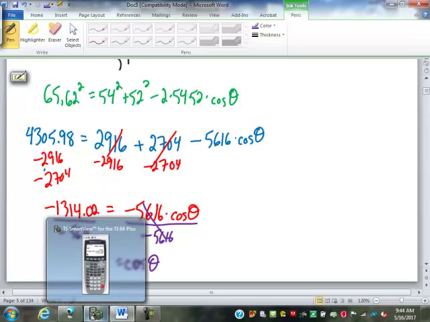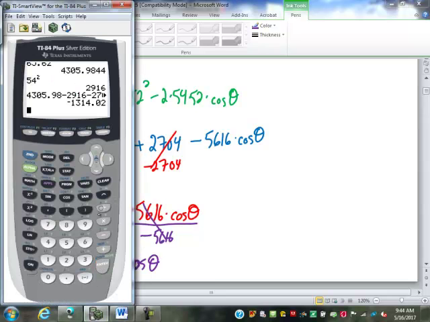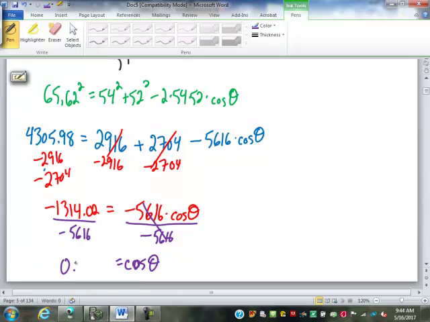So negative 1314.02 divided by negative 5616 is 0.2340, looks like. Then what?